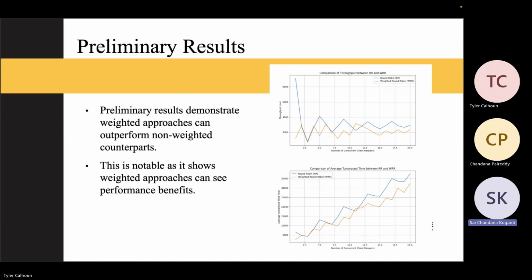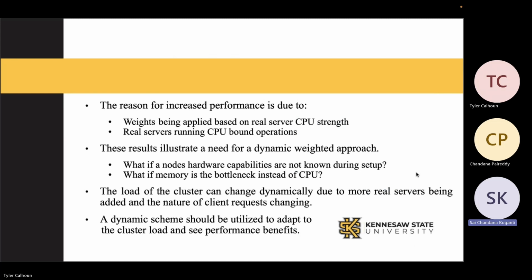Actually, there are two main reasons for weighted round robin's better performance. It sends more requests to servers with stronger CPUs based on their assigned weights. Since our tasks use a lot of CPU, using the powerful servers more efficiently will lead to better overall performance.